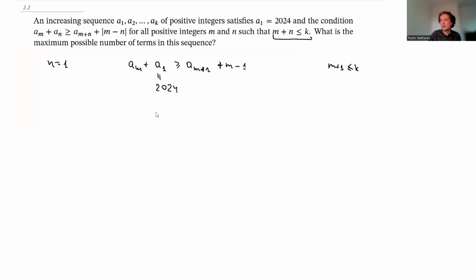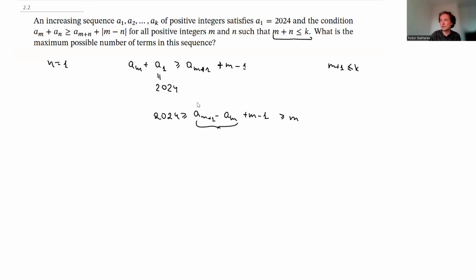And thus we get the inequality that 2024 is greater than or equal to a_{m+1} minus a_m plus m minus 1. And this difference is at least 1, since we have a strictly increasing sequence, and thus this is greater than m.